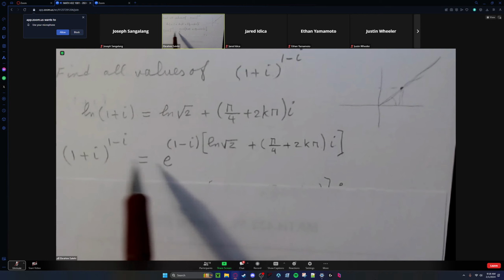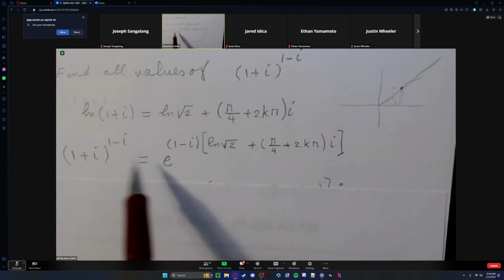I'm just using that definition of general exponential. Here is the general exponential. So this is e to the z log of base.